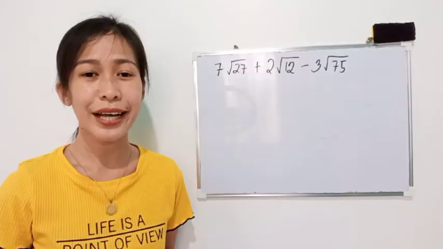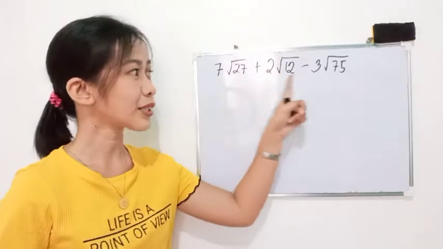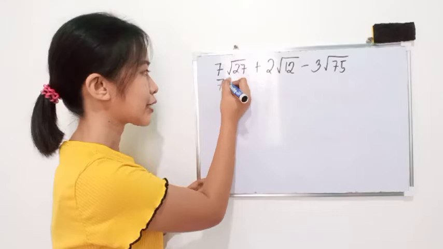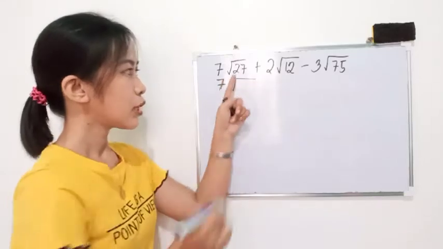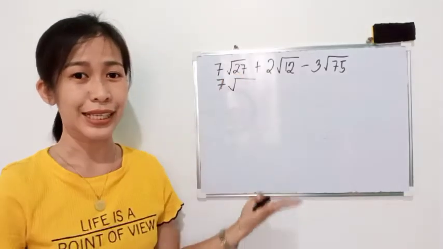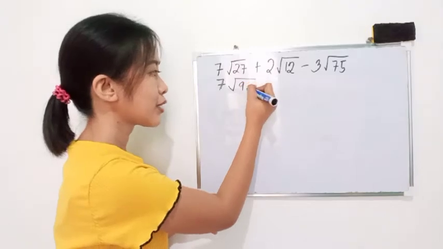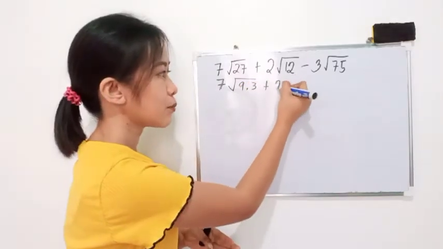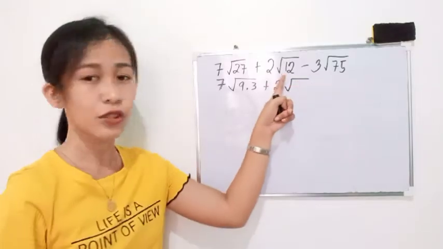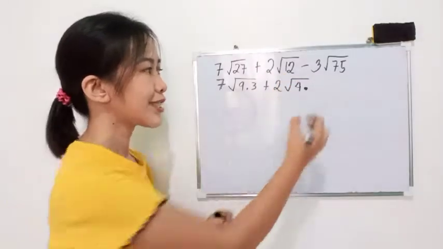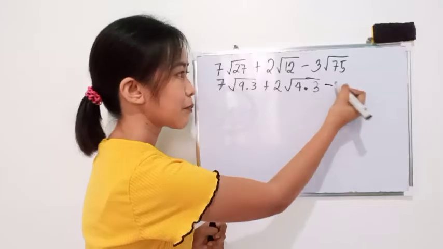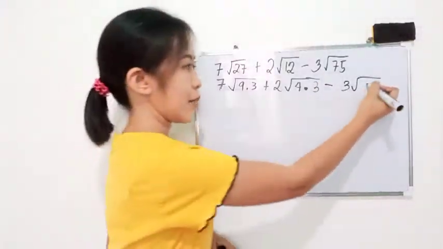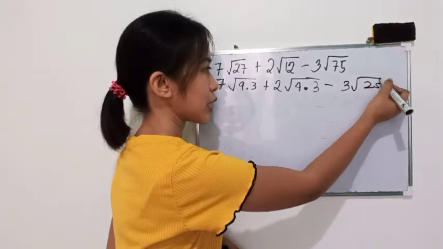Okay, since nakuha na natin yung factors nilang tatlo, what are we going to do is, syempre, ibababa lang natin yan. 7, square root of. Ang factor ni 27 na nakuha natin kanina is 9 times 3. Okay, ilagay nyo lang siya dyan. And then we have 2 square root of, ang factor ni 12 is 4 times 3. Right? Then minus 3, ang factor ni 75 is 25 times 3.